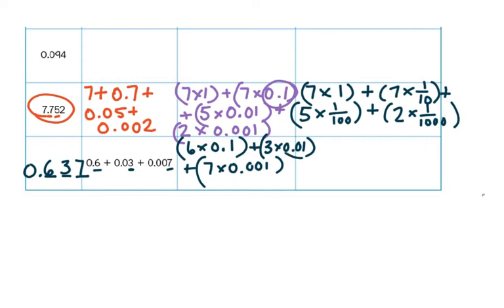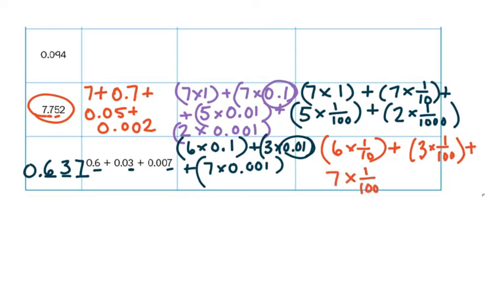And lastly, let's convert those decimals into fractions. So 6 times 1/10 plus 3 times 1/100 plus 7 times 1/1,000.